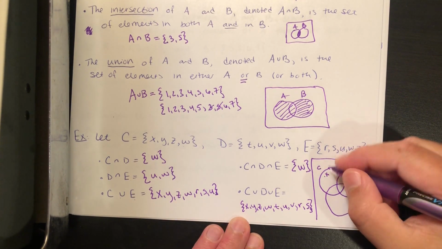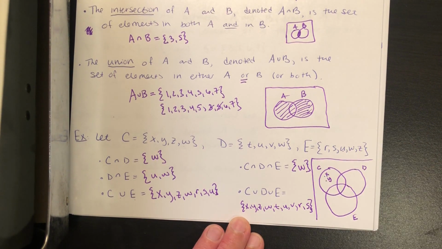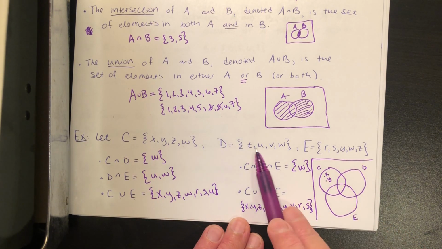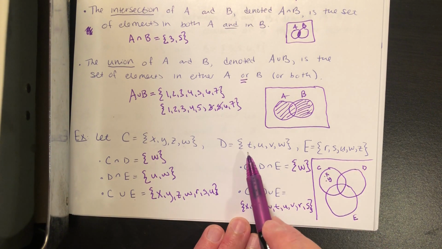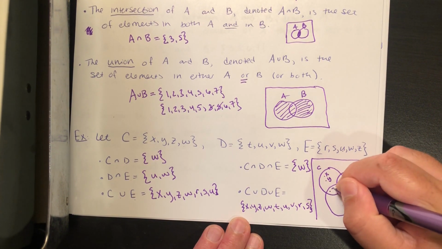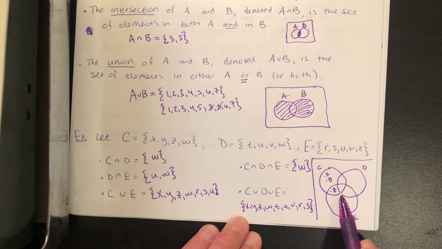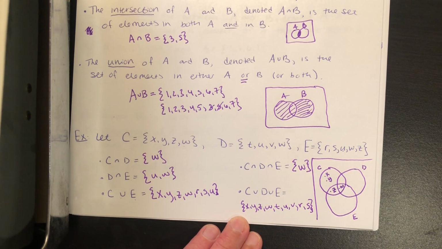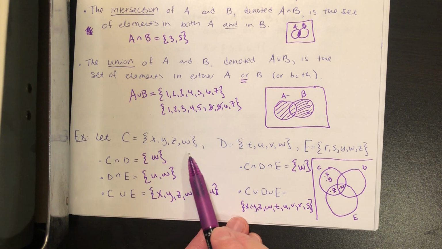Y is an element of just C. Z, we said, was an element of C and E, but not D. So to be in C and in E, but not in D, means I have to put it in this spot right here, right? It can't go in the three-way intersection because it's not actually an element of D. But W, we said, was in all three of these sets, so we'll put W here. All right, those are all my elements of C.